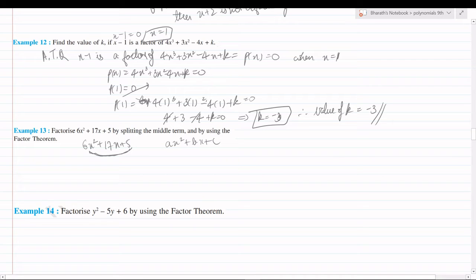Always multiply AC. When you multiply AC in this, you get 30. After prime factorization of 30, you get 3 into 2 into 5. But you should make it in such a way that you get the sum as 17.